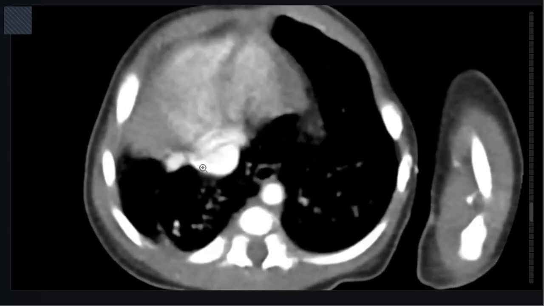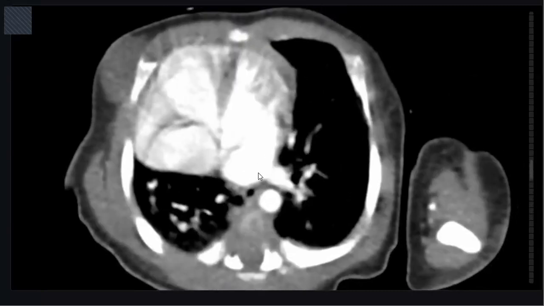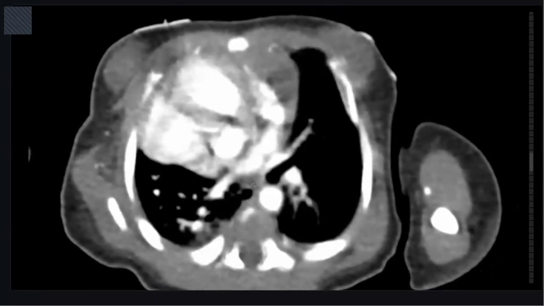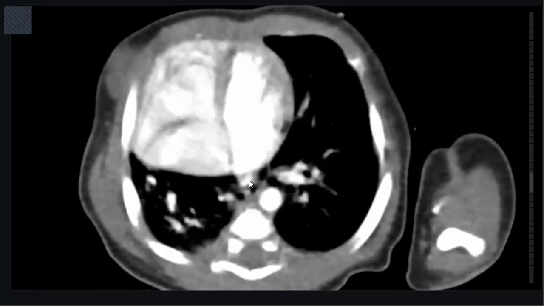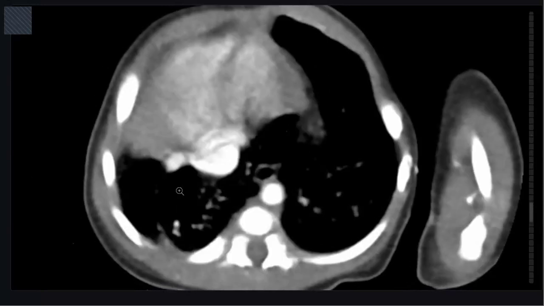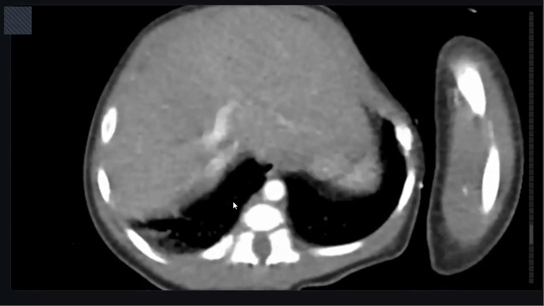It is going to the inferior vena cava, so it is not going to the left atrium. So it is partial anomalous pulmonary venous return, or scimitar syndrome, with hypoplasia of the right lung.